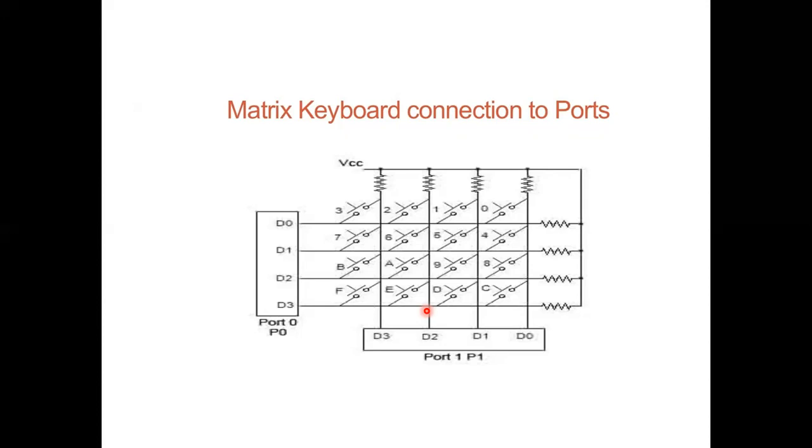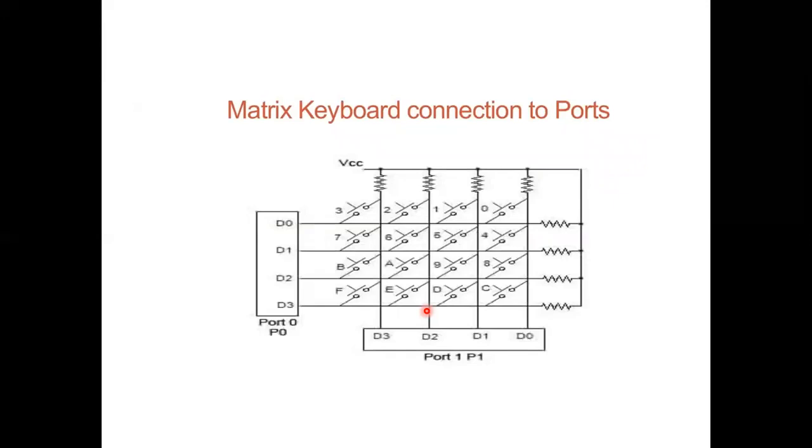Here they are connecting port 0 and port 1, using port 1 for the column lines. When 3 is pressed, D0 and D3 will be enabled. Using this, we can identify the value of 3.